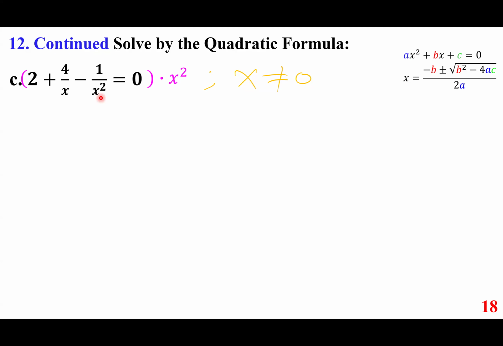So what do we get? 2x squared plus 4x minus 1 equals 0. So you have a quadratic equation with a being 2, b being 4, and c is negative 1. Plug in.